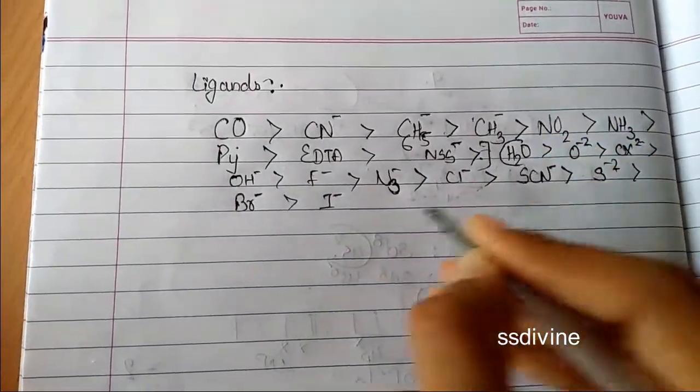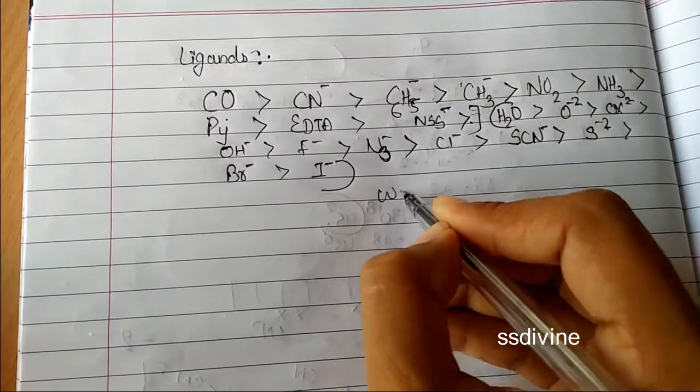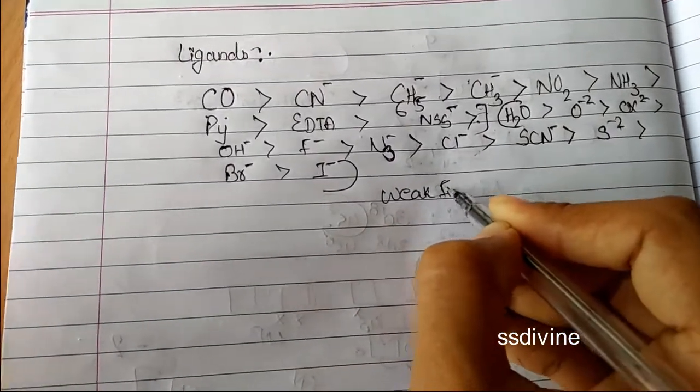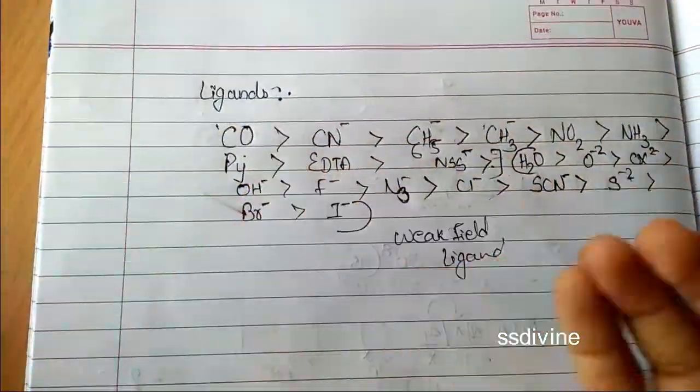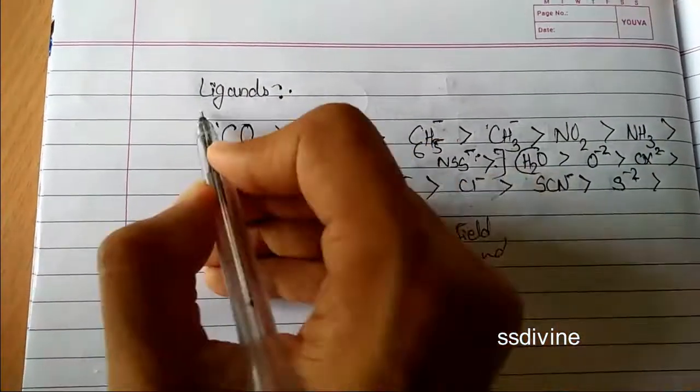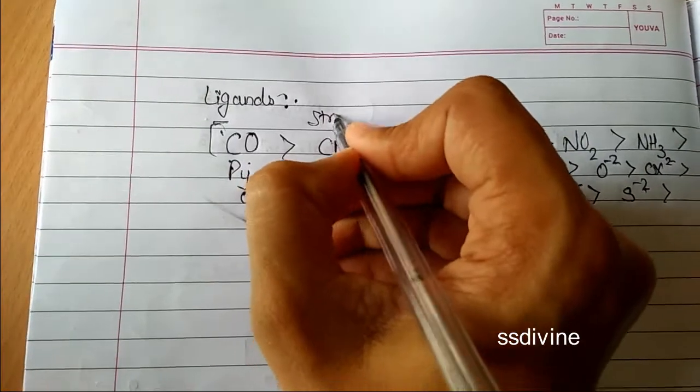So from water to iodine, these are weak field ligands. And from carbonyl to this isothiocyanate, these are strong field ligands.